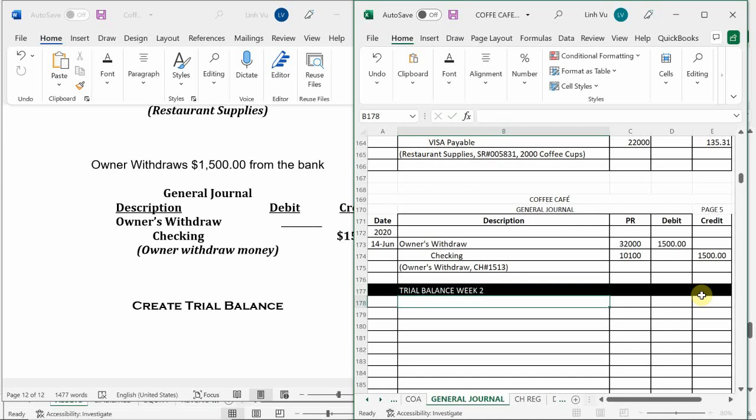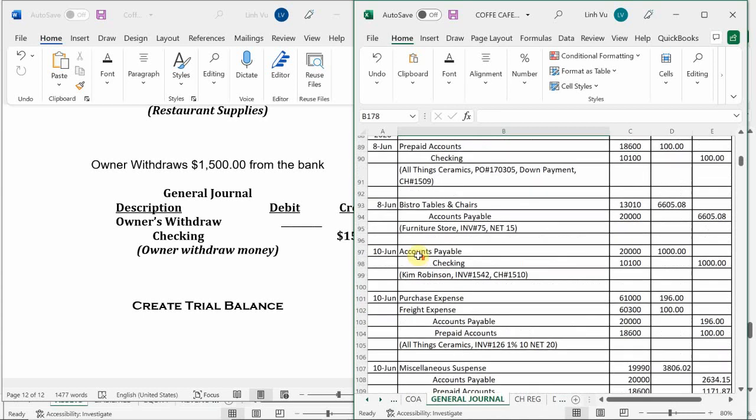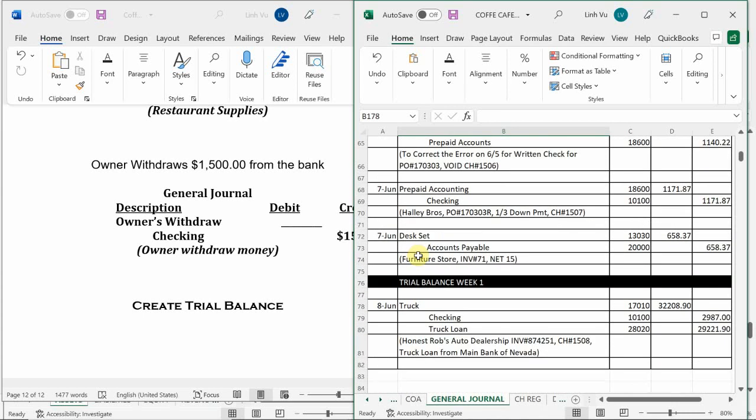What I'm going to do with this trial balance for week 2 is, if I do have a discrepancy, where my numbers don't match my journal or my ledgers become unbalanced, we'll find that by testing all my debits against my credits. If I have an imbalance in my ledger's accounts, then that means there's a mistake I must have made between the 8th through the 14th, because our first trial balance came out good. It came out even, debit and credit on both sides.